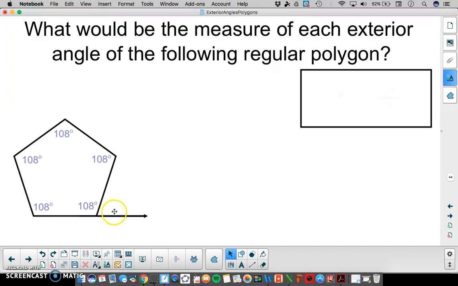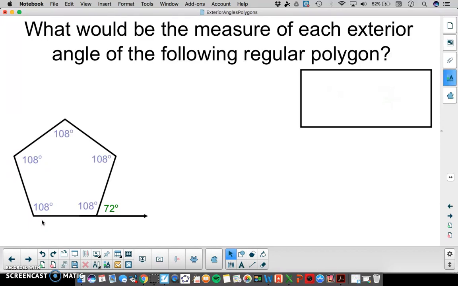Then I know that these make a linear pair. This interior angle and exterior angle here will be supplementary. So 180 minus 108 gives me 72. But that would mean each one of these exterior angles would be 72, and 72 times 5 happens to be 360.